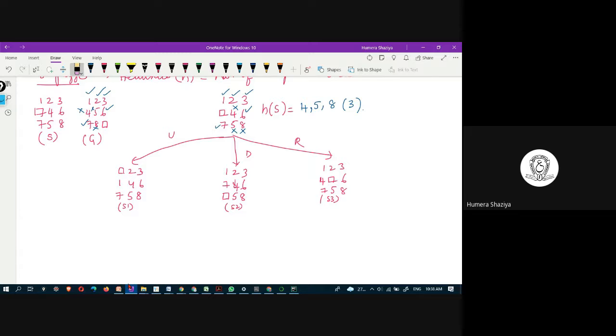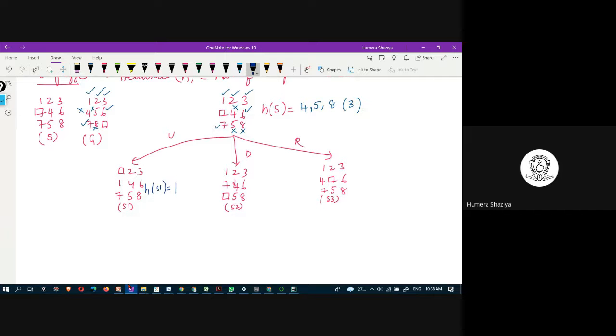Heuristic value means total tiles misplaced.